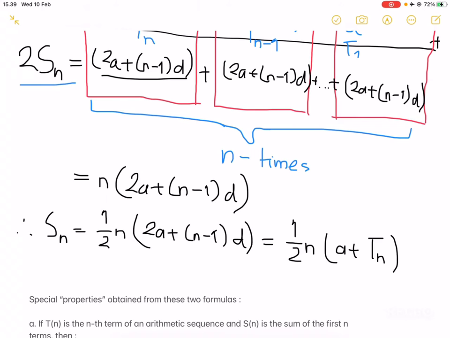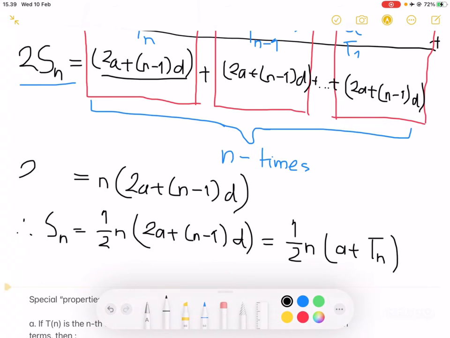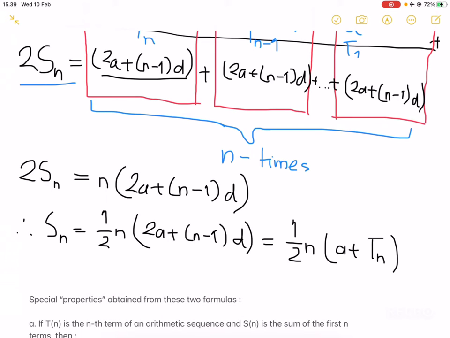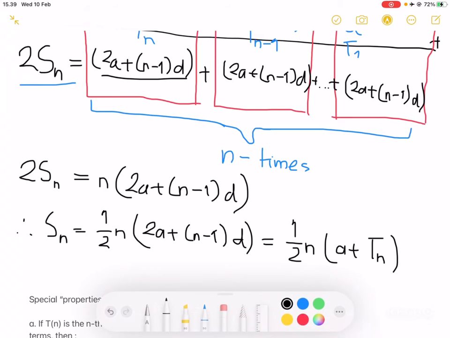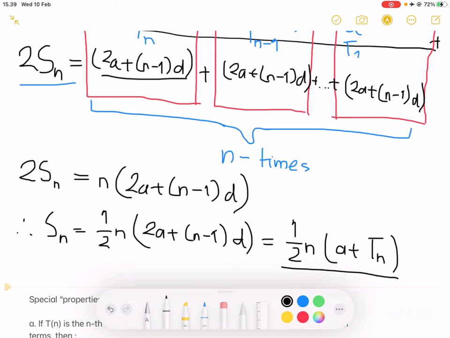And then we're not done yet, because remember this is still equal to 2 times Sn. But we can just simply divide both sides by 2. So we have Sn is equal to a half times n times 2a plus n minus 1d, or as I said before, a half n times a plus tn, where tn is the nth term.